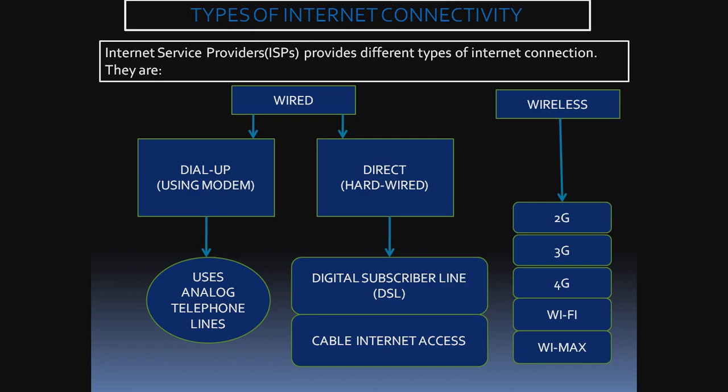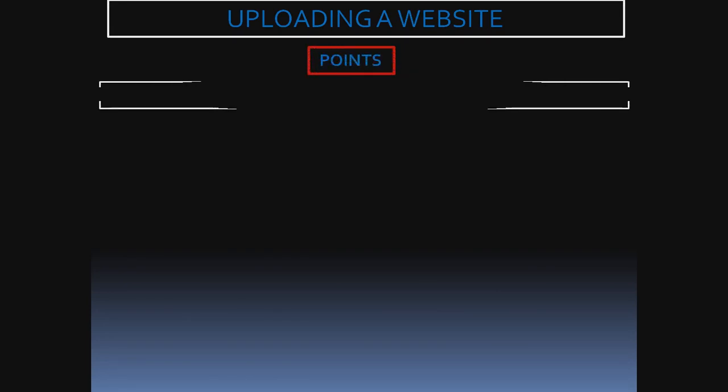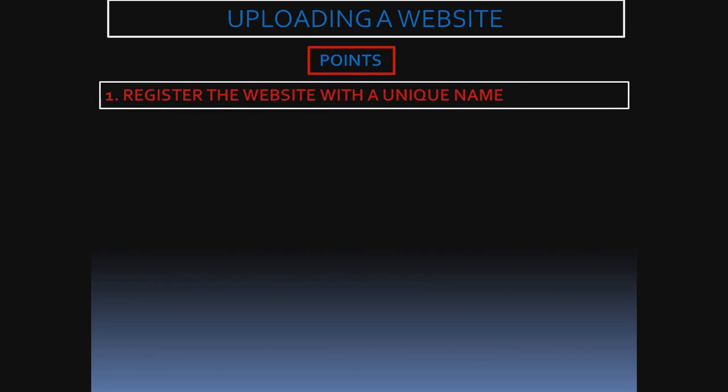Now let us go to the uploading our web page part. So students, we will try to understand how uploading of a website is done, or how things should be understood for uploading a website. So a few points should be understood by us. See students, whenever we want to upload a website, we have to open a web hosting site.